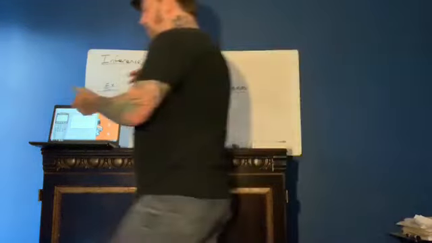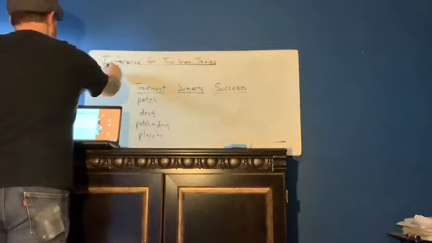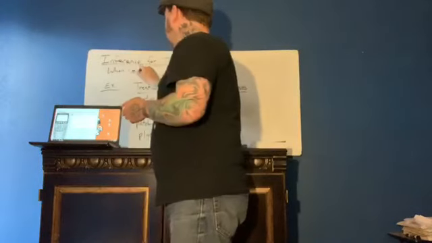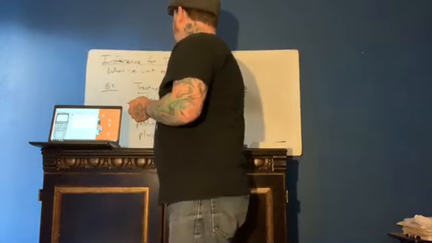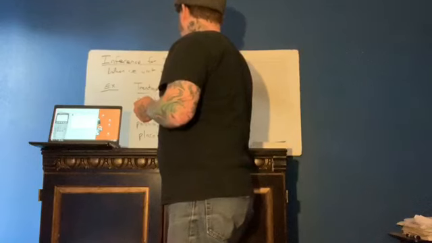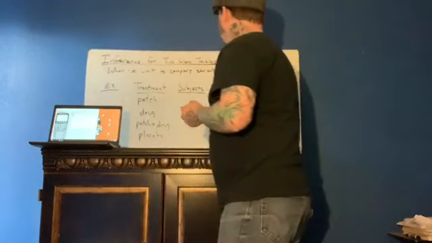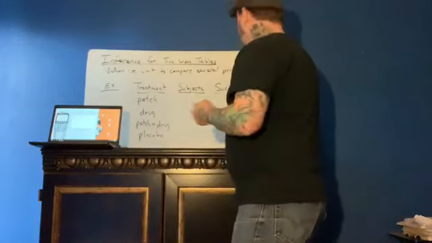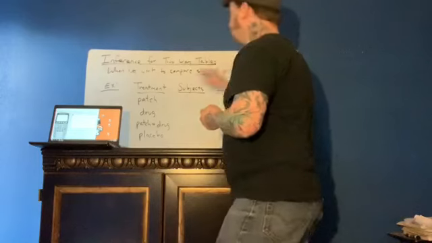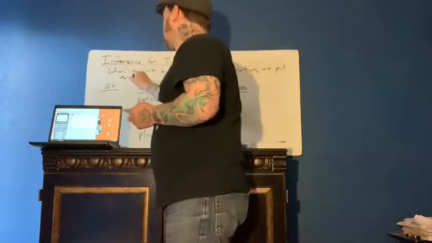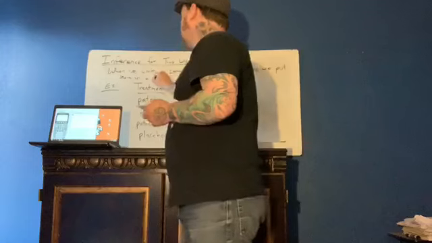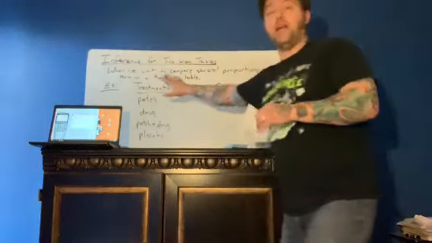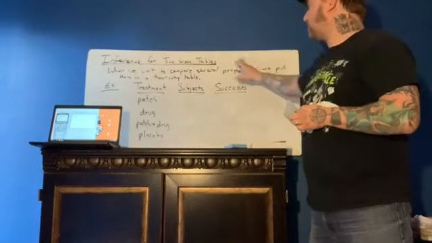So inference for two-way tables: when we want to compare several proportions, we put them in a two-way table.